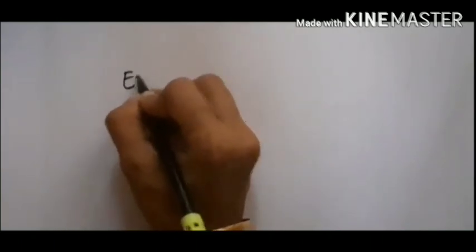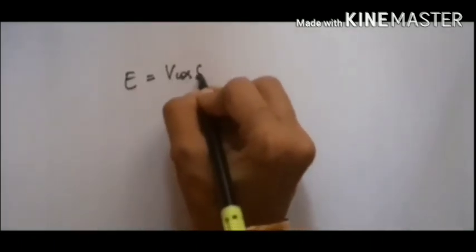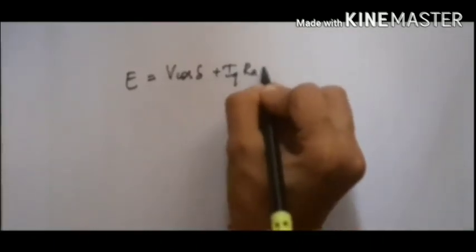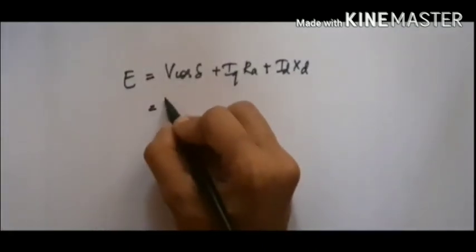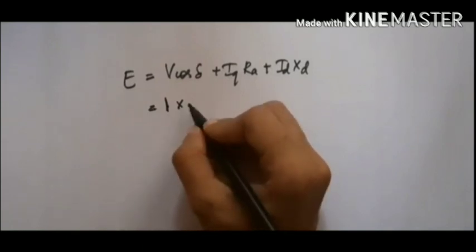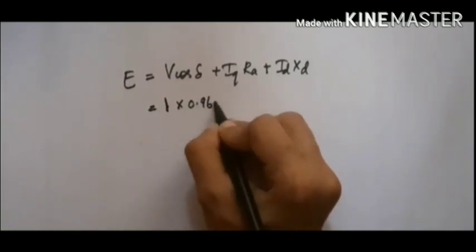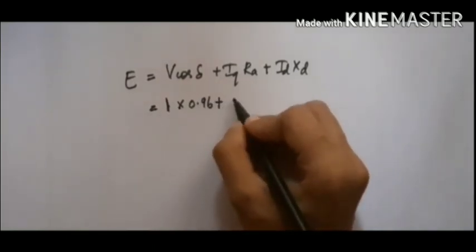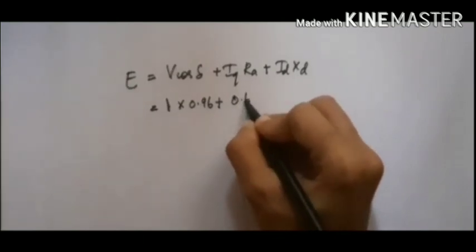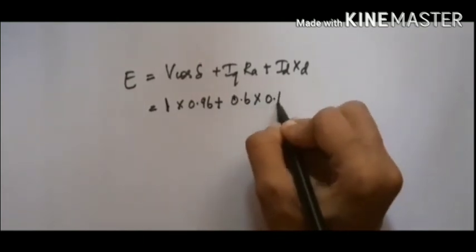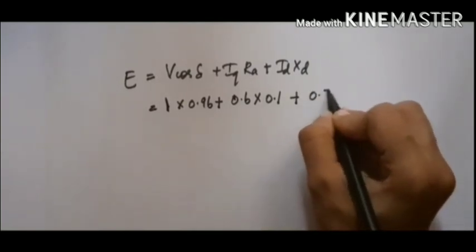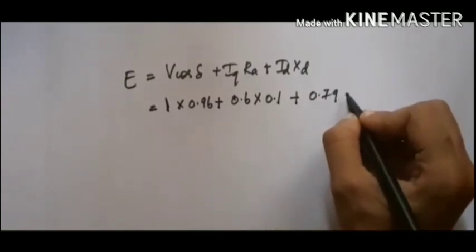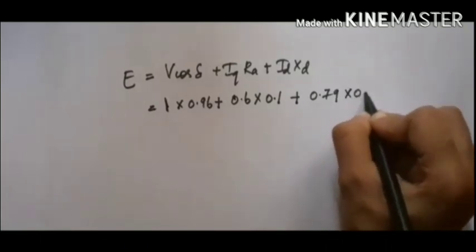Substituting all the values in the equation for E is equal to V cos delta plus IQ RA plus ID XD. That is, V we assume to be 1 per unit into cos delta is found to be 0.96, plus IQ is found to be 0.6 and RA from the question is 0.1, and ID is found to be 0.79 and XD from the question is 0.8.